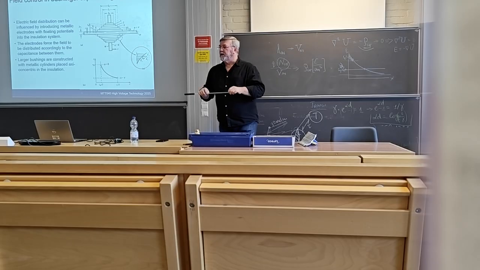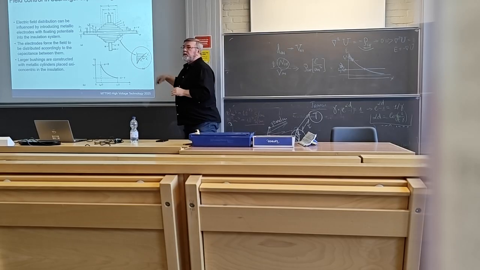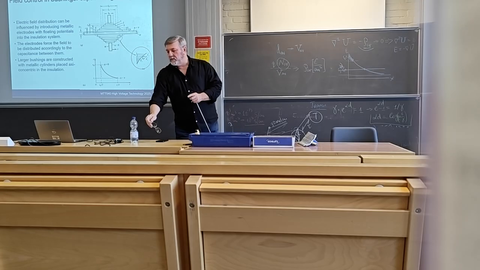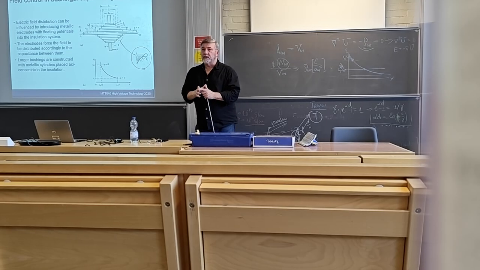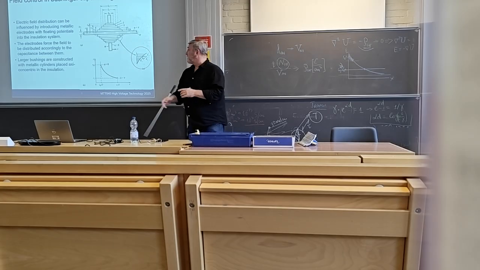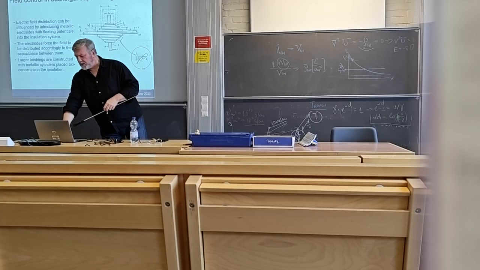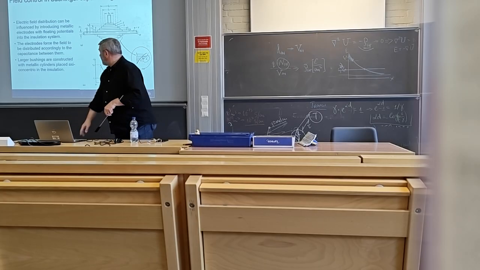That's why normally these structures are put inside a certain enclosure, which is filled either with SF6, for example, or oil, or maybe silicon gel, something. It prevents surface creepage. Otherwise, there will be immediate flashovers through the internal interfaces.